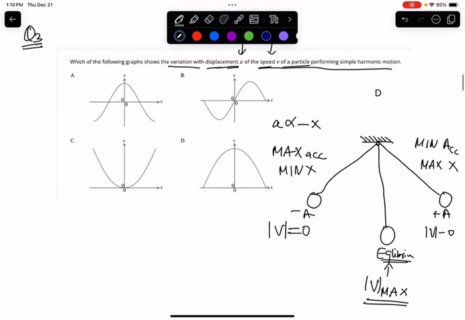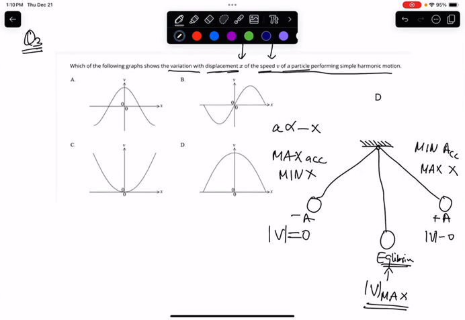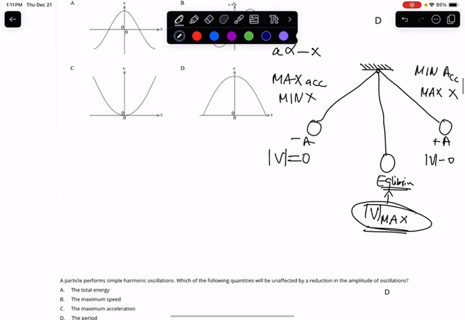Once we have looked at all of these things, we just tick off points on the graph. So the magnitude of the velocity must be maximum at the equilibrium.